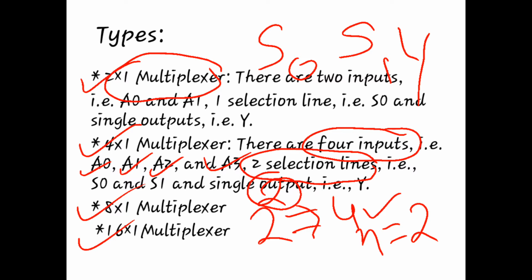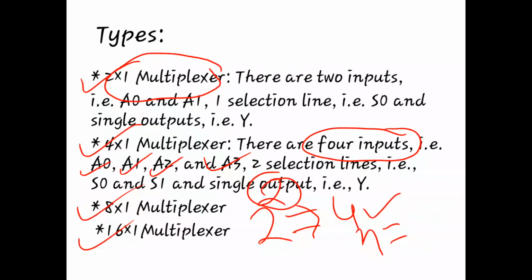Similarly, in the rest of the versions, if we talk about 8x1 or 16x1, for 8x1 we require 8 inputs and 3 selection lines, and for a 16x1 multiplexer we require 4 selection lines and 16 input lines.